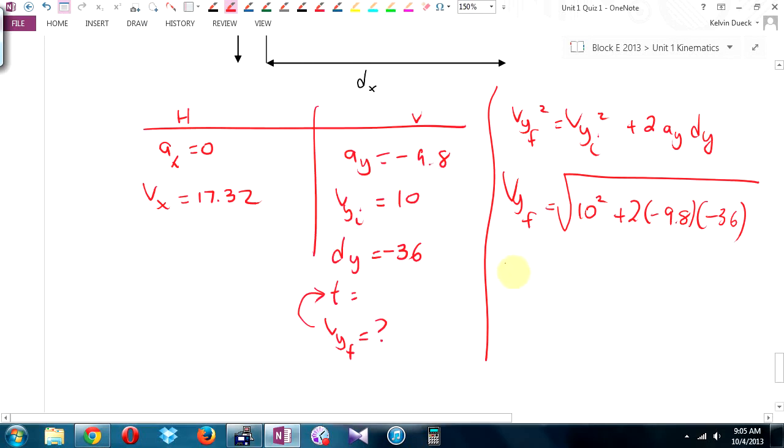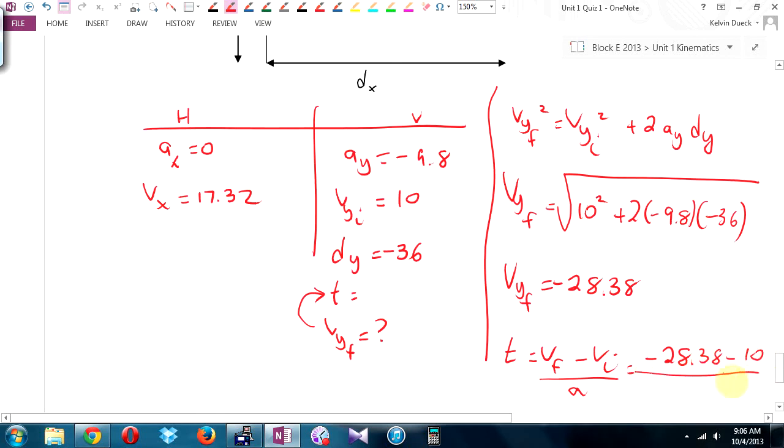28.38. Why is that wrong? Because it is. I have to clue in, it's going down. I have to insert the negative there. Okay, now that I have that, I can say T equals V final minus V initial over A. T equals V final, negative 28.38, minus V initial, all over negative 9.8.